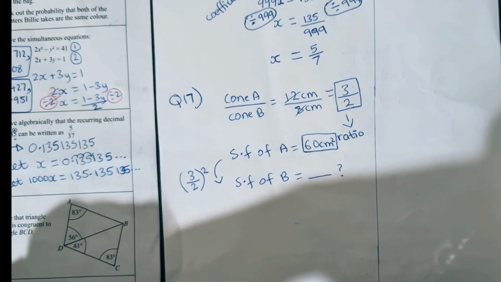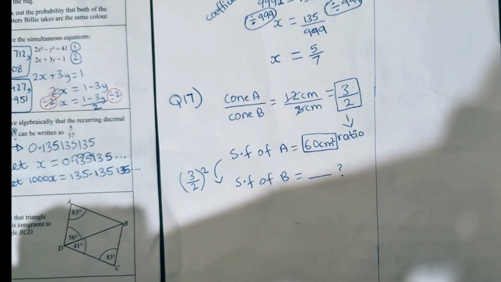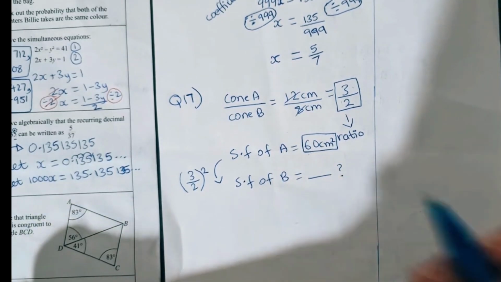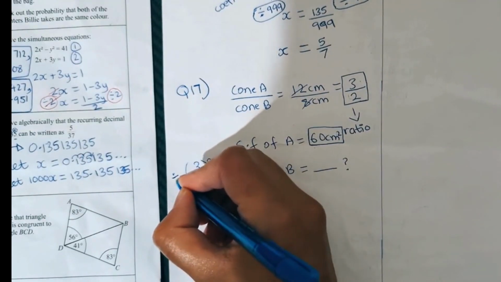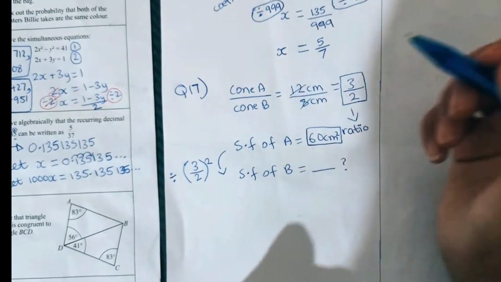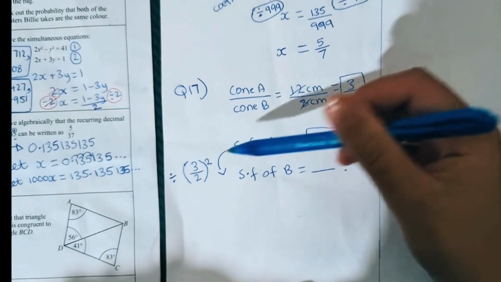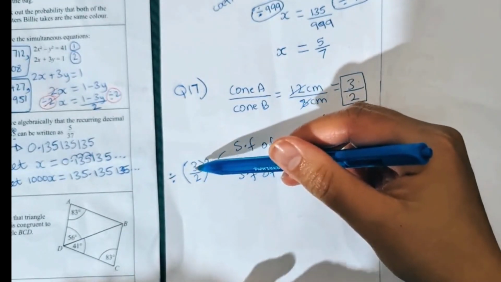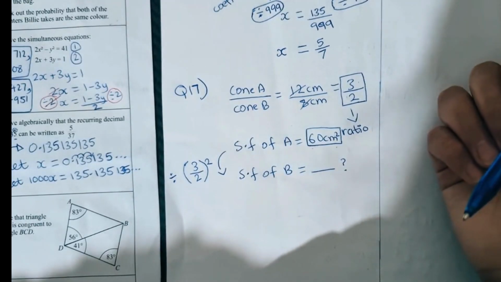And actually, we're not going to do that completely, because another thing I've just noticed, which I was going to do wrong, is I'm actually going to divide it by 3/2 squared. Does anyone know why I'm going to divide the surface area of shape A by the ratio that I've just worked out? And I'm also going to square that as well.